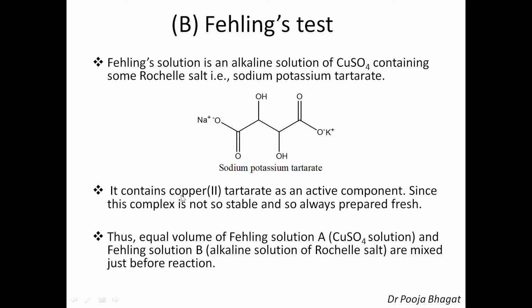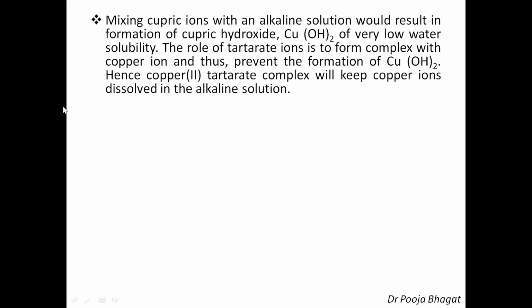Now we have to find out why we need copper 2 tartrate. So this is the reason behind that. Mixing cupric ions with an alkaline solution would result in the formation of cupric hydroxide, which is less water soluble. So when the cupric ion is there and the medium is alkaline, the cupric ion gets converted into cupric hydroxide, which has less water solubility. That means only a very small amount of copper ion will be present in the alkaline solution.